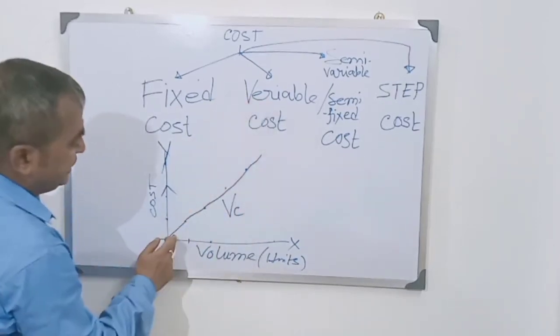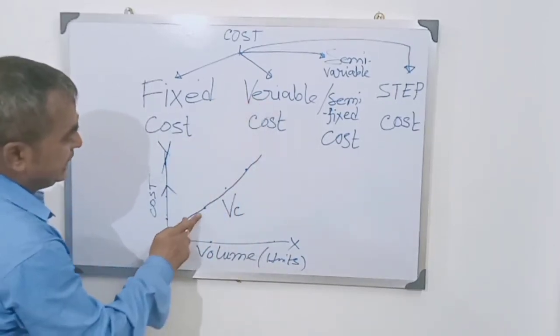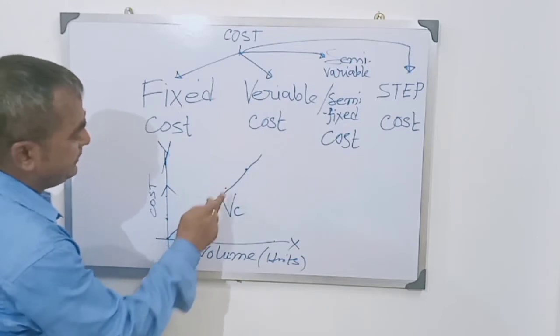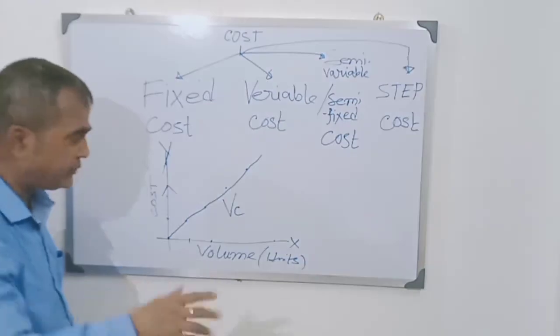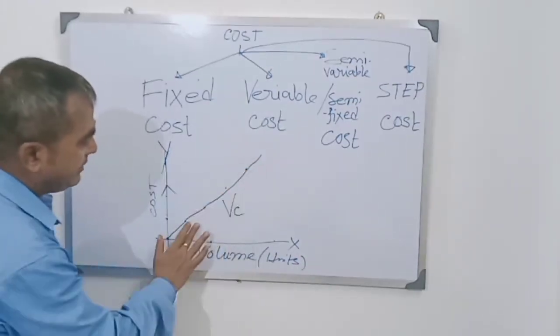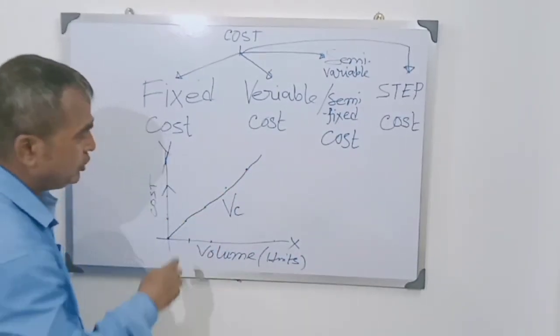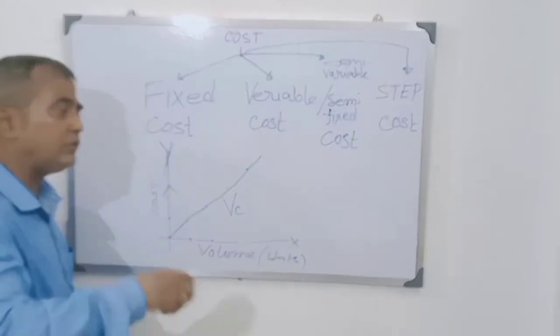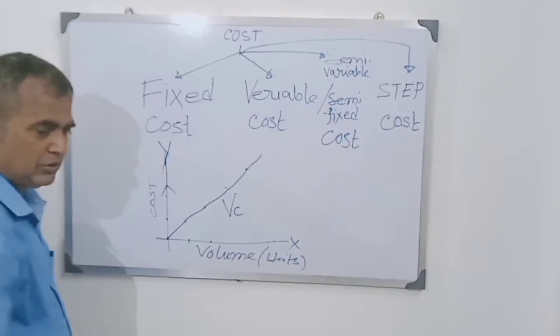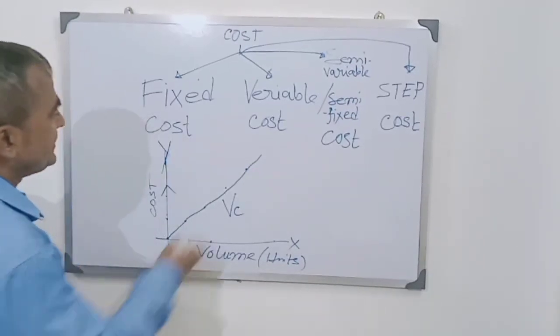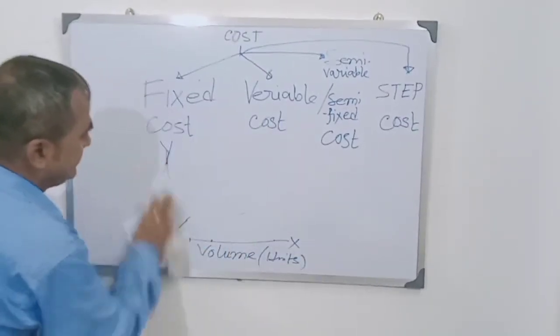Example, material cost. Example, indirect labor: the more you produce, the more indirect labor required. Example, fuel: the more you produce, the more fuel to run machineries. This is variable cost.